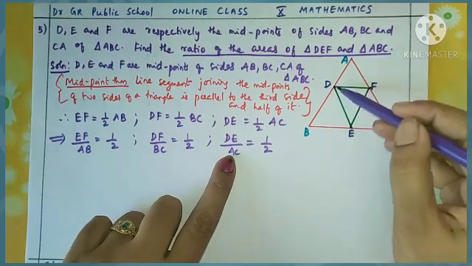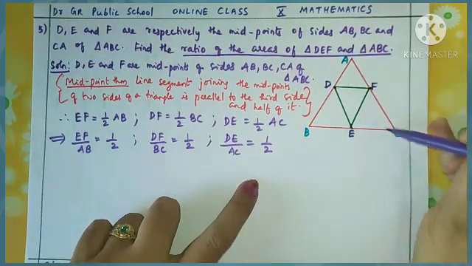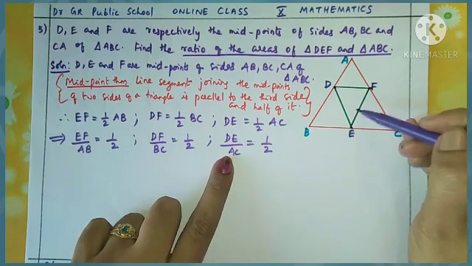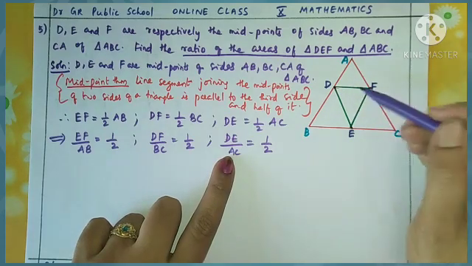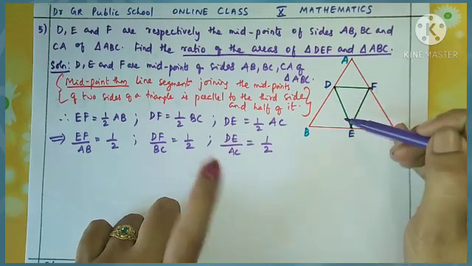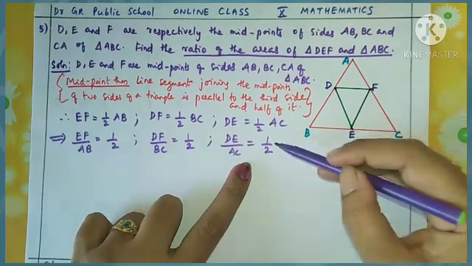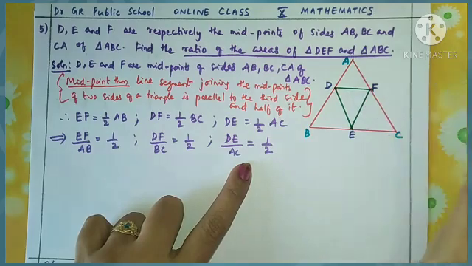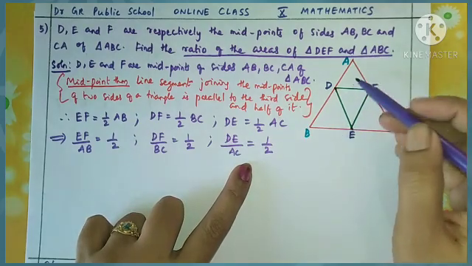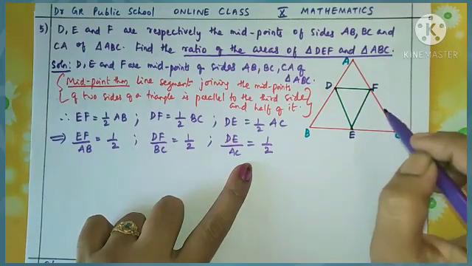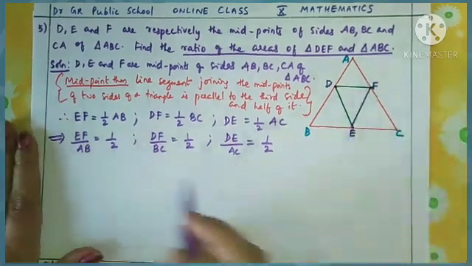And DE corresponds to AC. So what is the meaning of this? The ratio of the three corresponding sides are equal to 1 by 2, the same value. So what can you tell about these two triangles? These two triangles are similar. Okay, so that is the thing.